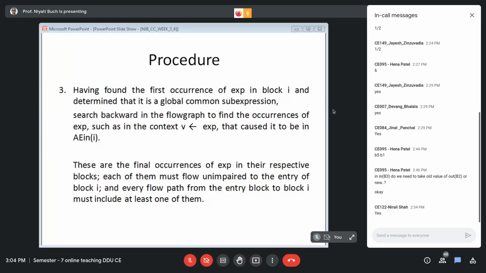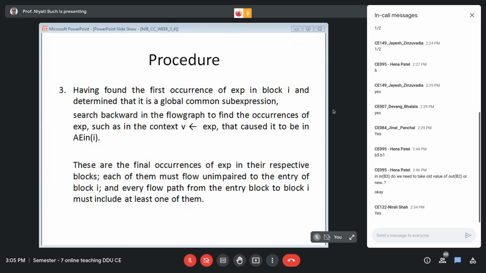we have found the first occurrence of the expression in the block, and we have determined that it is a global common subexpression. So now we have to go for the procedure for eliminating it. What we will do is search backwards in the flow graph to find occurrences of the expression such that the expression has been assigned to some variable b.